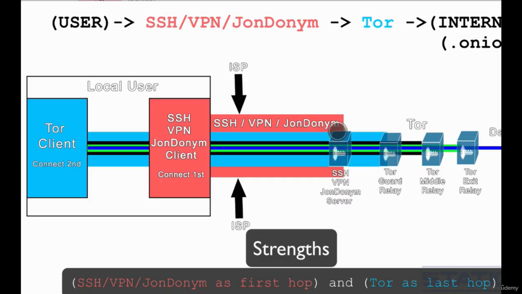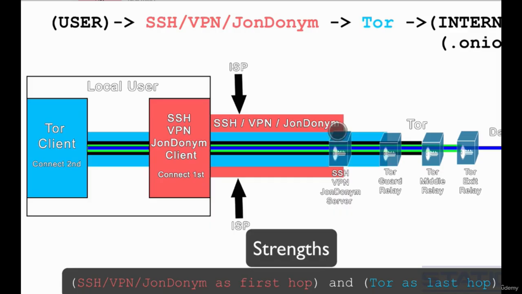And lastly, the VPN provides SSH or VPN JonDonym. There are some other options without a single hop or second hop or last hop. Between them, there are also some other options by using an ISP.